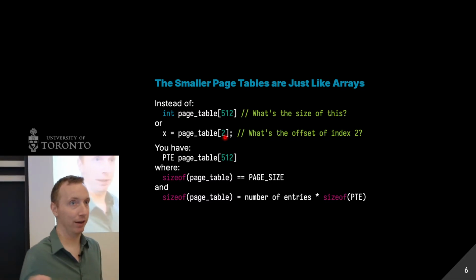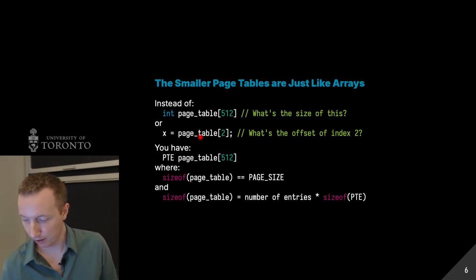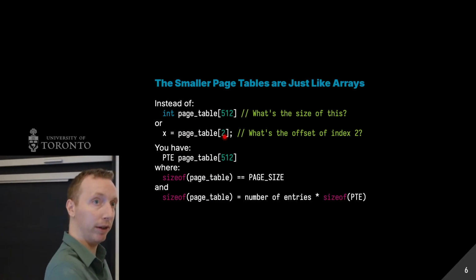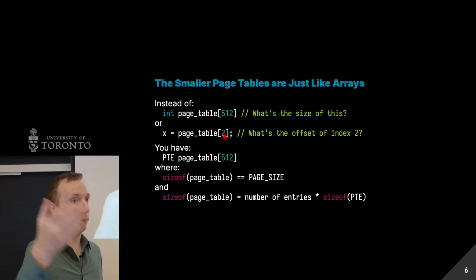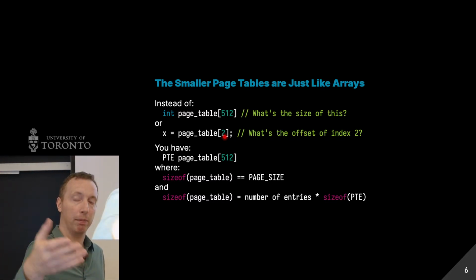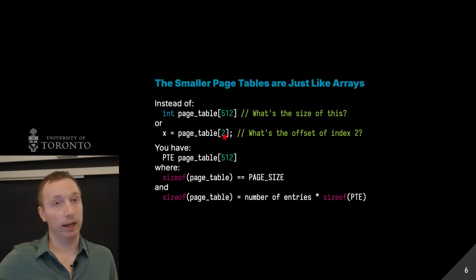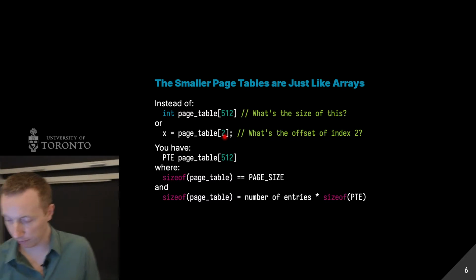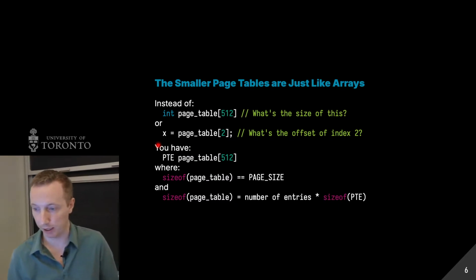Because arrays are 0 indexed, the first int would be at byte 0, and since ints are 4 bytes, the next int would start at byte 4 at index 1, and then the int at index 2 would start at byte 8. Same idea for page tables and everything. Offset is just the number of bytes from the beginning.